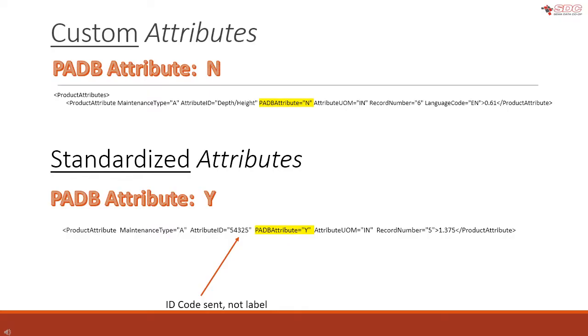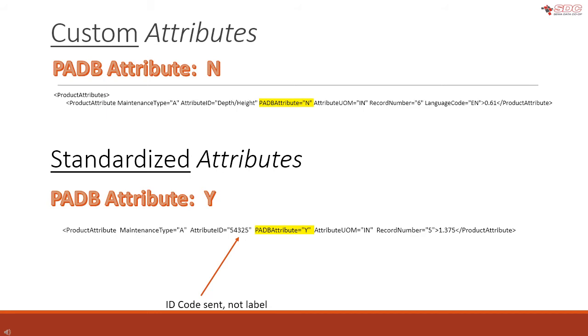Product attributes can be classified as one of two ways, either as a standardized attribute or a custom attribute. It is here that we describe the physical attributes or the performance characteristics about the part number. Custom attributes are user-defined with no constraints on the label that's used, spelling, valid values, or such. Custom attributes will still send in the attribute segment.